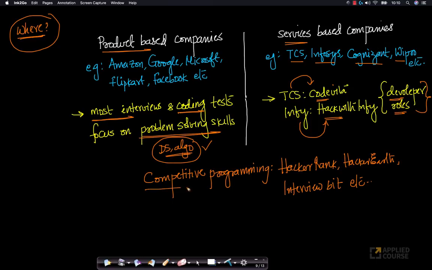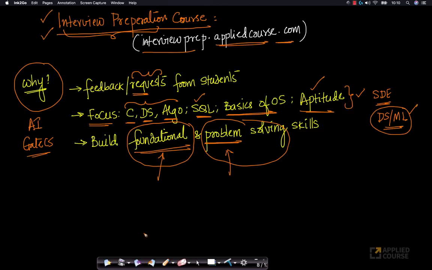Similarly, if you want to participate in any competitive programming competitions, like competitions on HackerRank, HackerEarth, InterviewBit, and there are many such platforms, most of these competitive programming platforms test your skills in any programming language. So we are right now focusing only on the C programming language because most students are aware of it, right?